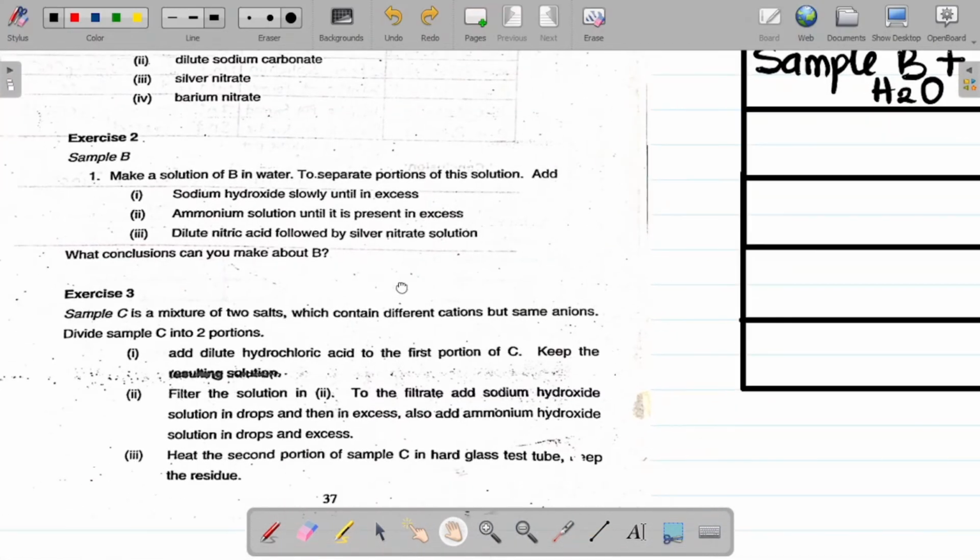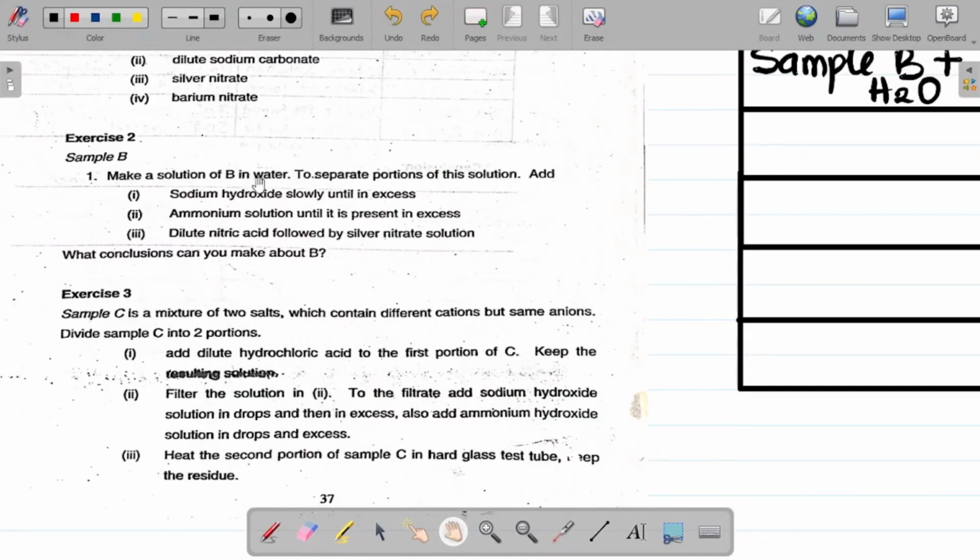The first thing here, as we just did, was to make a solution of B in water, which was just sample B plus water. Now you're asked to break it into separate portions of this solution. To this solution, add sodium hydroxide slowly until in excess. So I'll pour in sodium hydroxide just slowly, little by little, until the sodium hydroxide becomes excess.